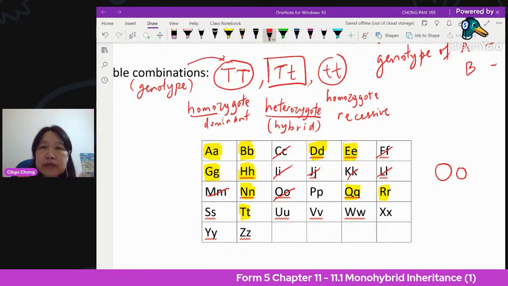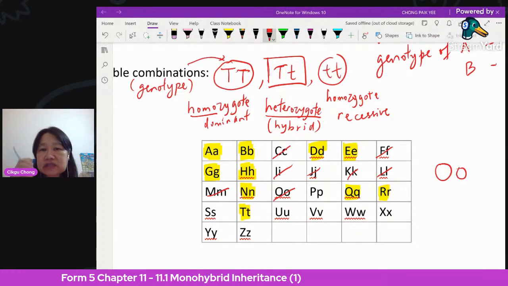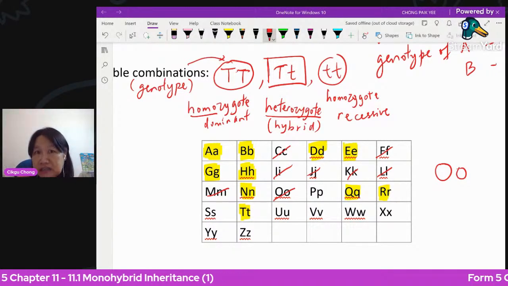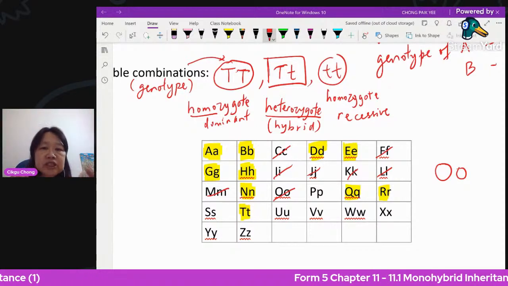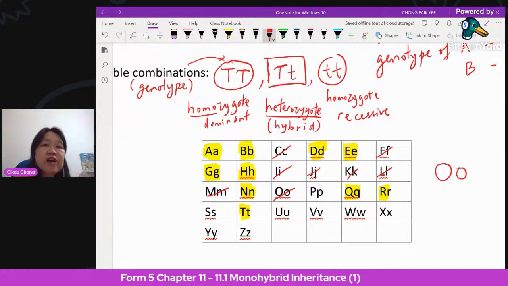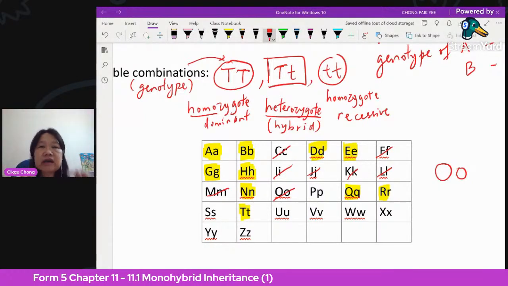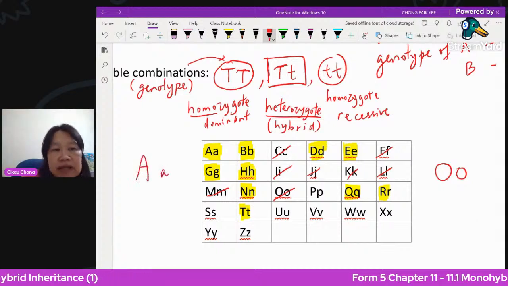So in order to safeguard yourselves, when you write your answers or your schematic diagram, be sure to use specific symbols where the capital letter and the small letter are very different. For example, A: your capital letter is A, like this, and the small letter is this.